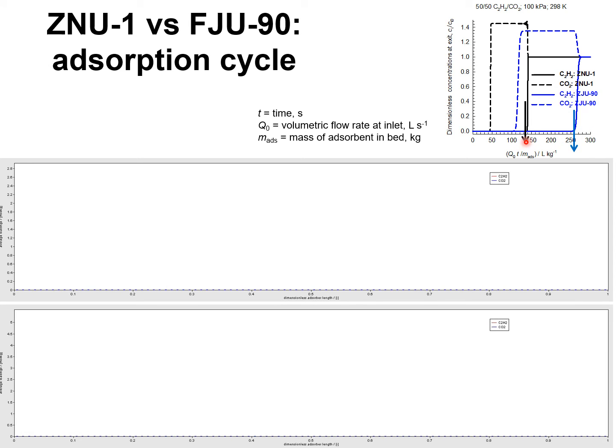The blowdown operations will start just before C2H2 starts breaking through into the column exit. And these are indicated by the black and blue arrows respectively.